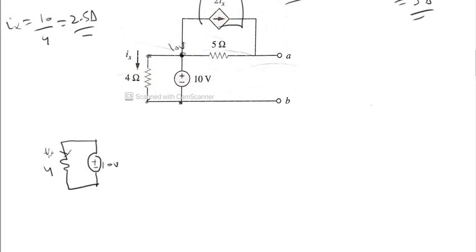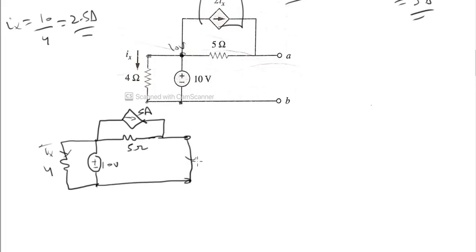Okay, this is Ix, 5 ohm. This is 2Ix, and I have calculated that this is a 5 ampere current source that is going through, and this is the ISC.